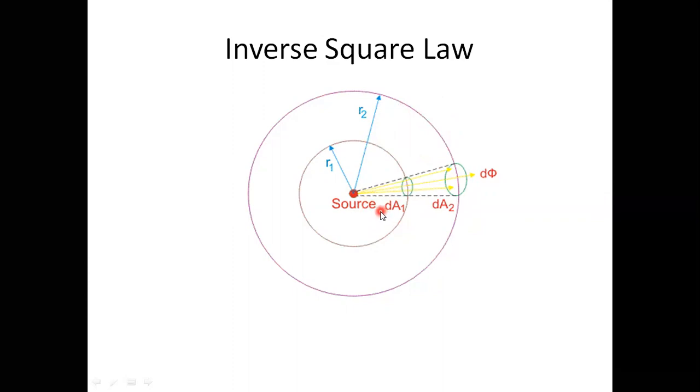So the law states that the illuminance E at any point on a plane perpendicular to the line joining the point and the source is inversely proportional to the square of the distance between the source and the plane.